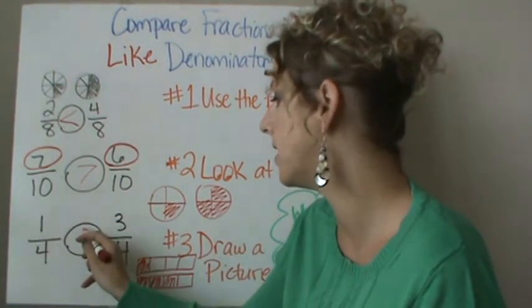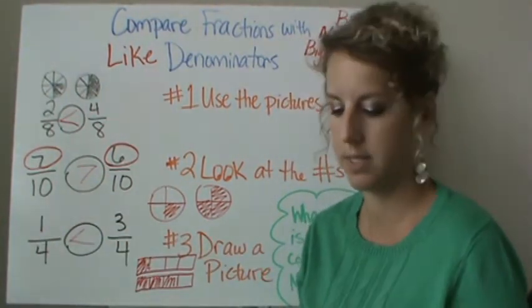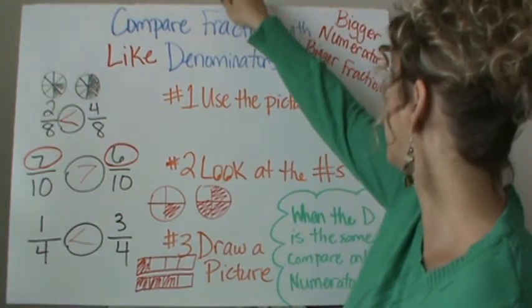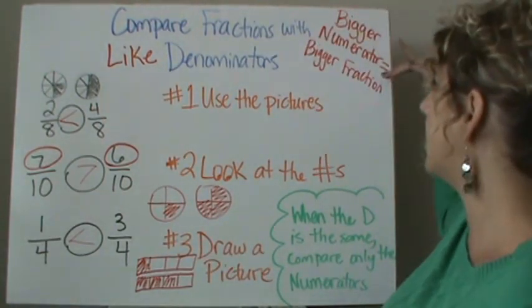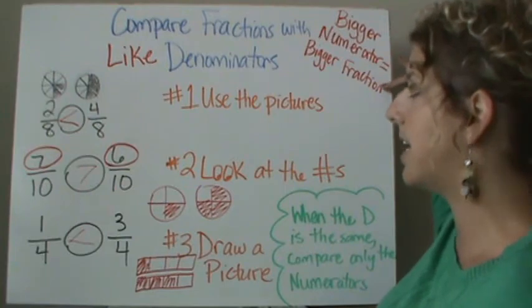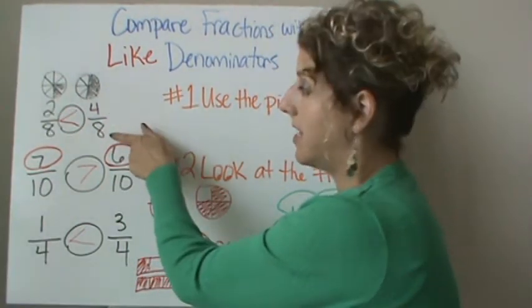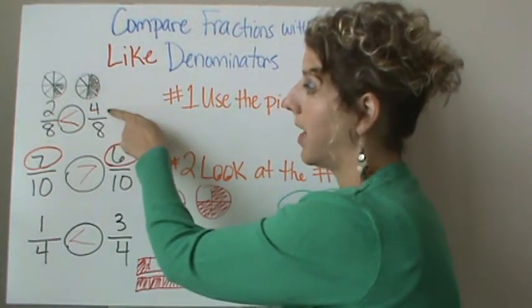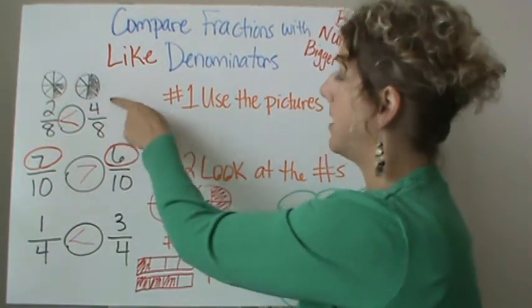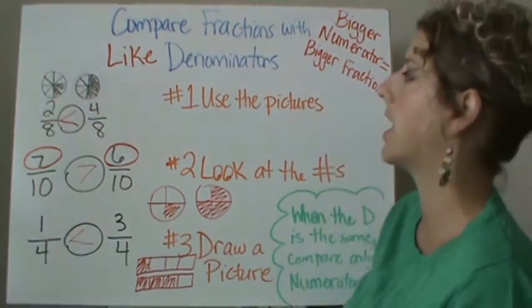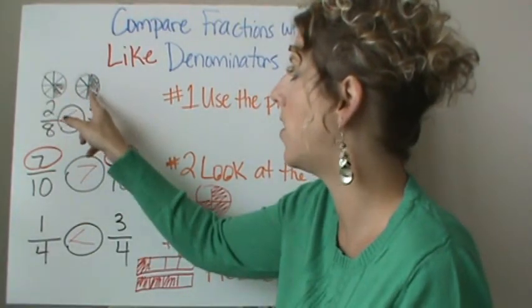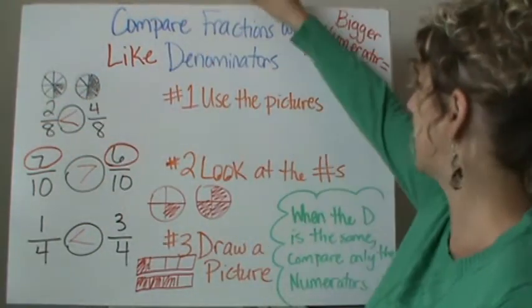So 1/4 is less than 3/4. The bigger numerator is a bigger fraction. So let's not forget that. If the numerator is bigger and the denominators are the same, it's going to be a bigger fraction. So you can see that is larger than that piece. So don't forget that.